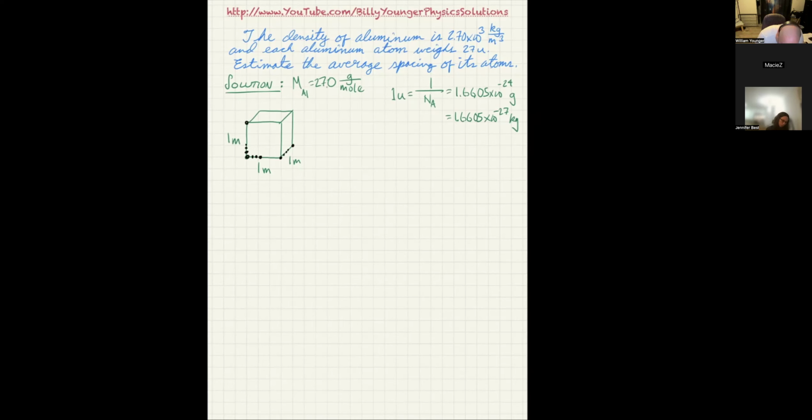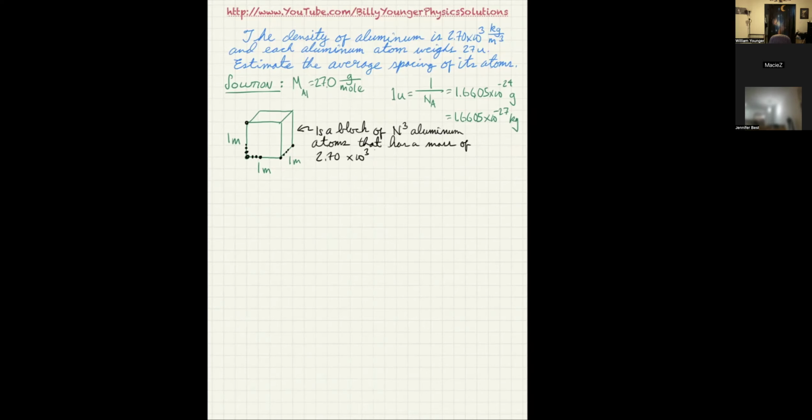So I'm going to assume that this is a block of n cubed aluminum atoms that has a mass of 2.70 times 10 to the third kilograms.